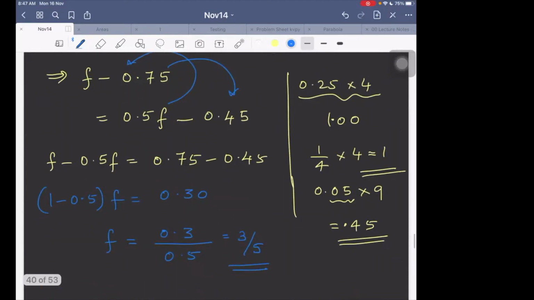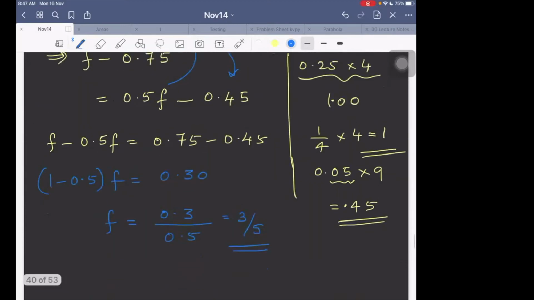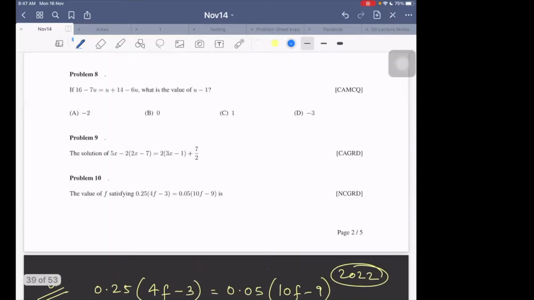Yeah. And now suppose you don't want to deal with fractions at all. You don't want to deal with decimals at all. How do you do it? So let's see how this can be done.